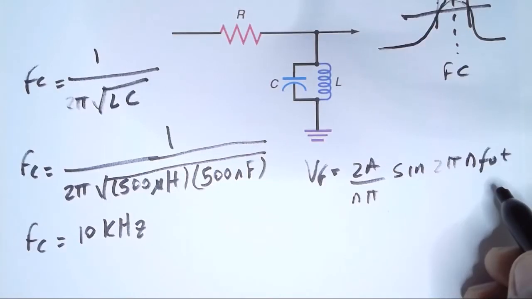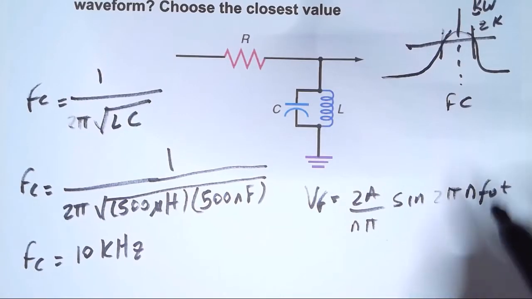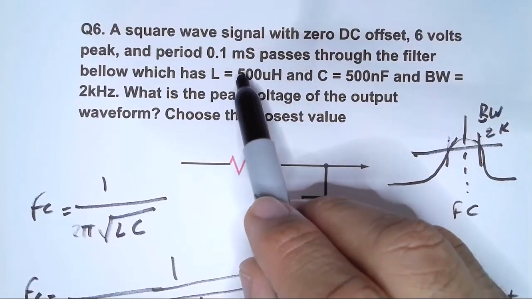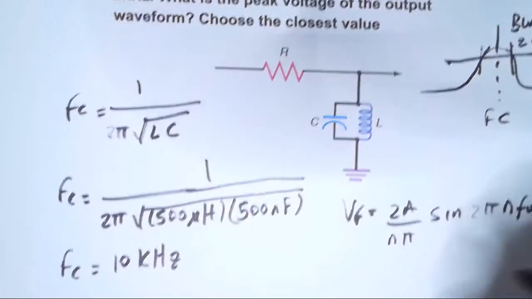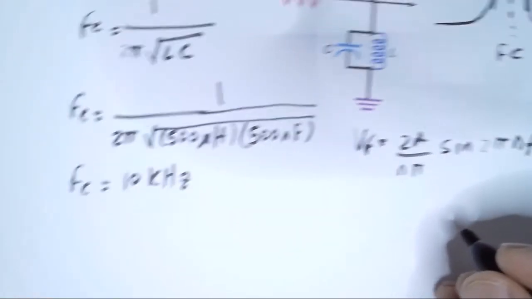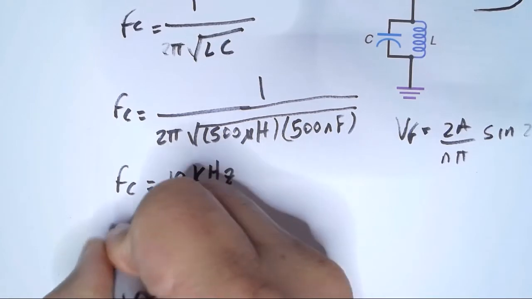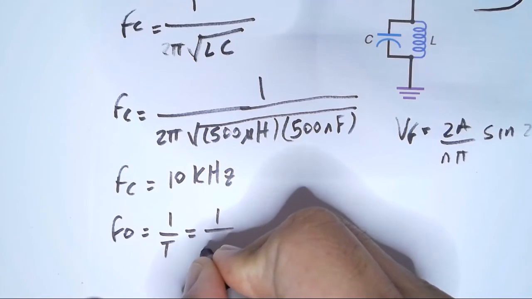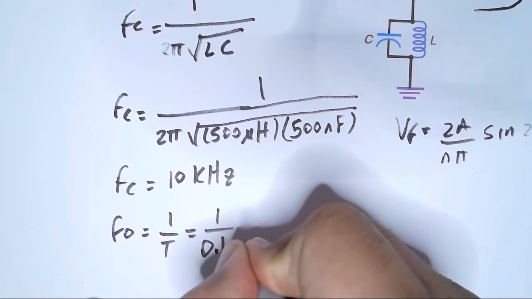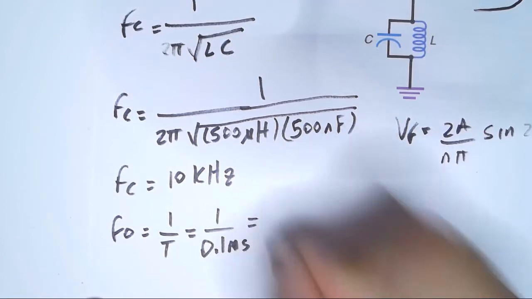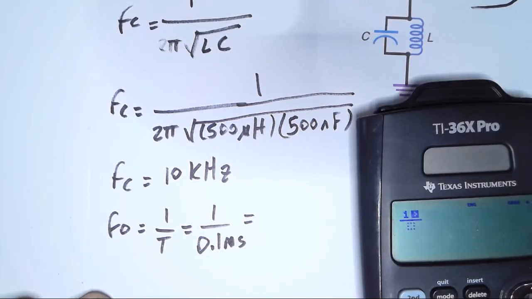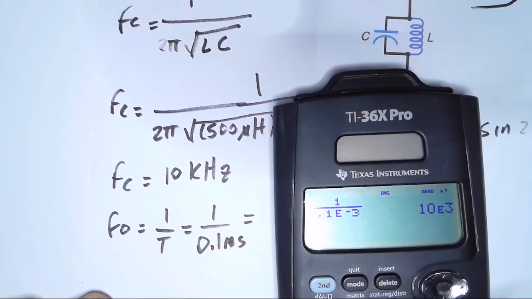We need to determine what the fundamental is, and we are given that the square wave signal has a period of 0.1 milliseconds. So f is going to be 1 over T, which is 1 over 0.1 milliseconds, and that's equal to 10 kilohertz.